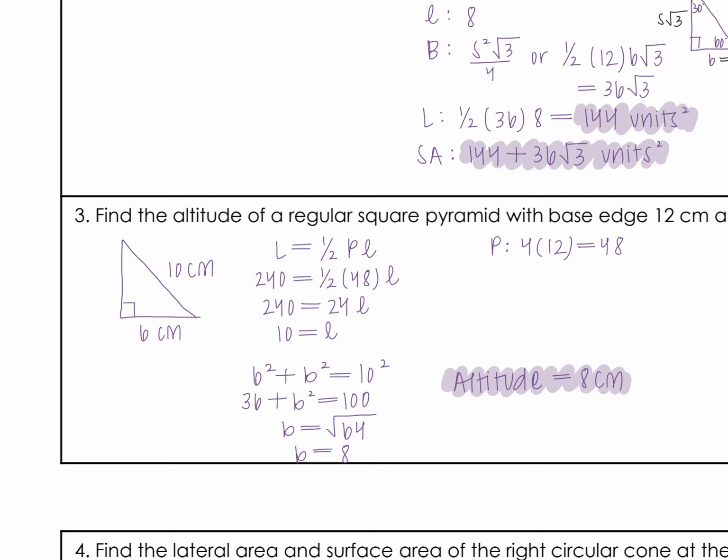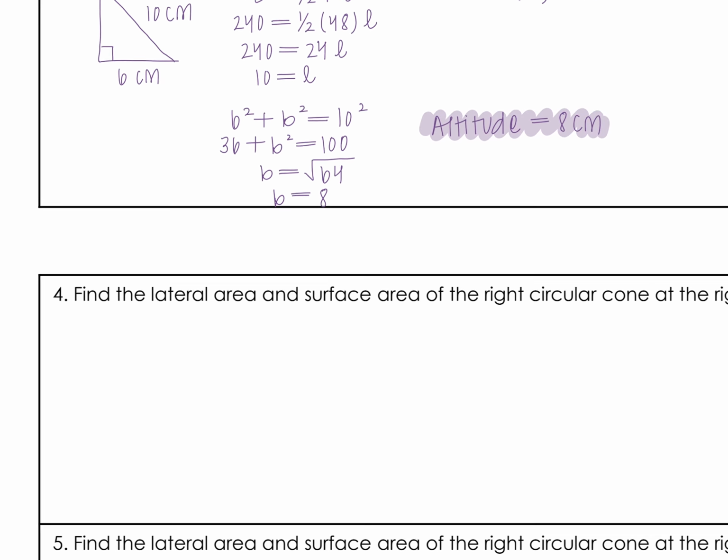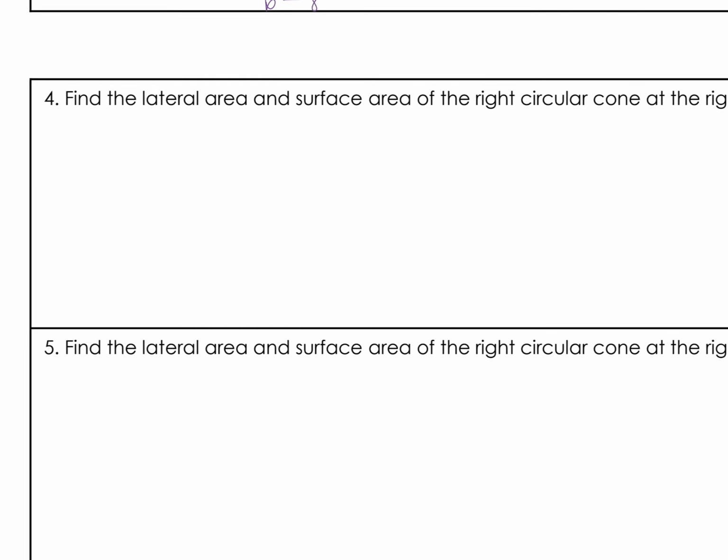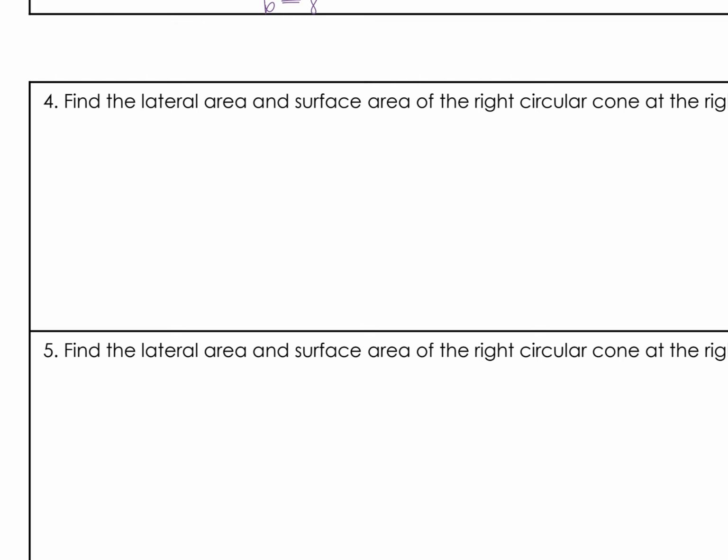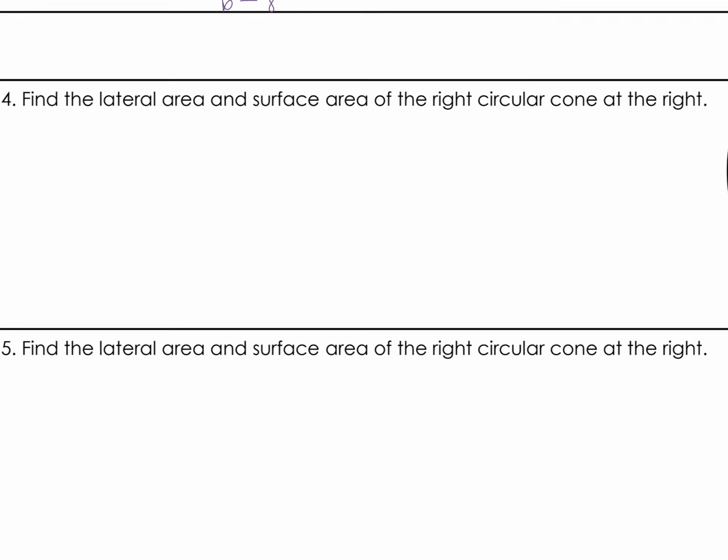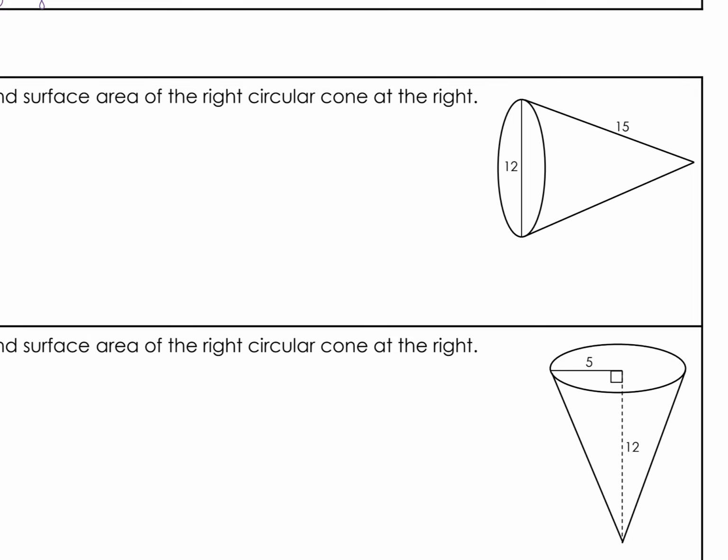All right, so now let's go ahead and flip over and do some practice problems for our cones. For number 4, we are finding the lateral and surface area of the right circular cone at the right. So let's start off with our P. Our P is the perimeter of the base.